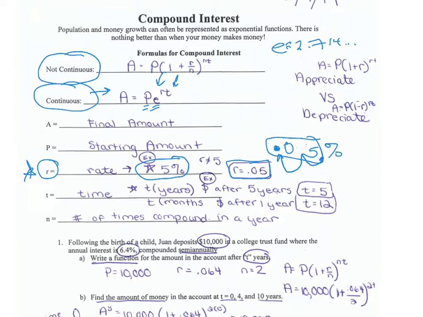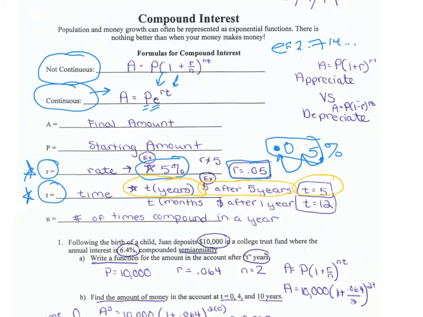And t, we said, is time. When we look at time, you need to pay attention to time, just like rate. These are the two things that are a little bit funky. So if the word problem says time is in terms of years, and they say how much money do you have after 5 years, you would plug in 5 for t.